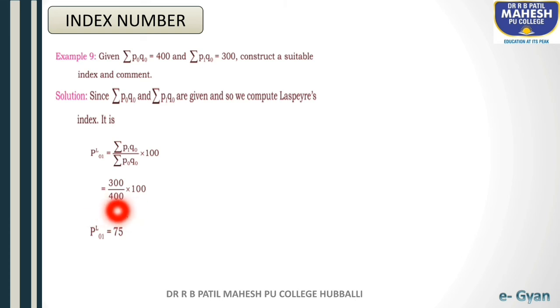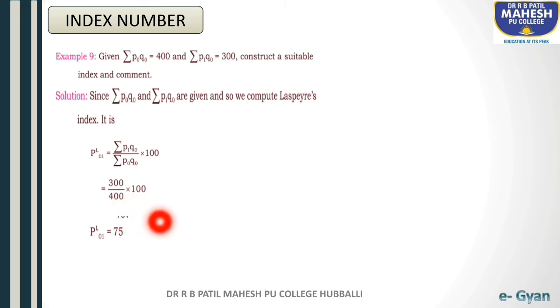See here students, when you are writing the comment, as I told, the base year is always 100. If the final answer is above 100, it means the price has increased. If your final answer is less than 100, like here 75, then 100 minus 75 is 25, so 25% of price has decreased.